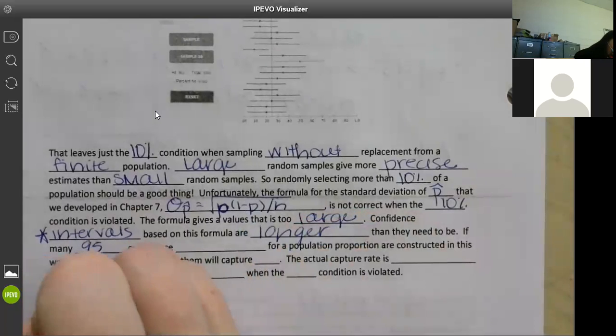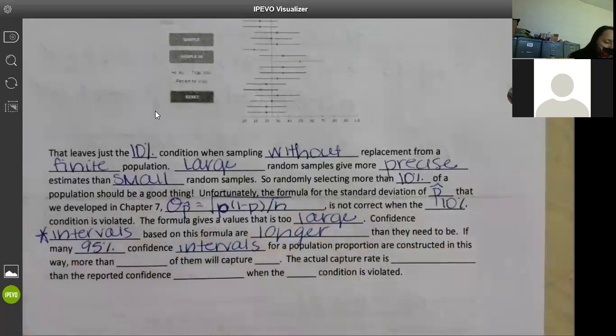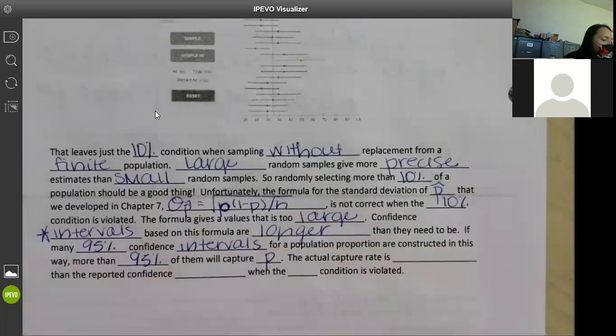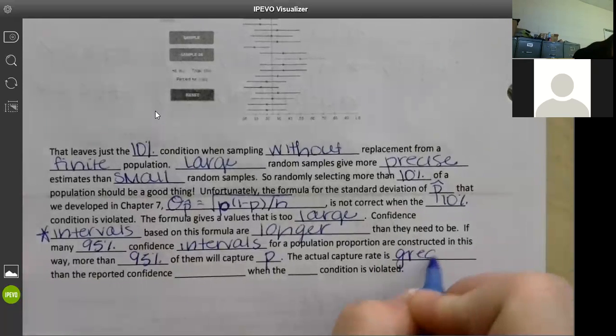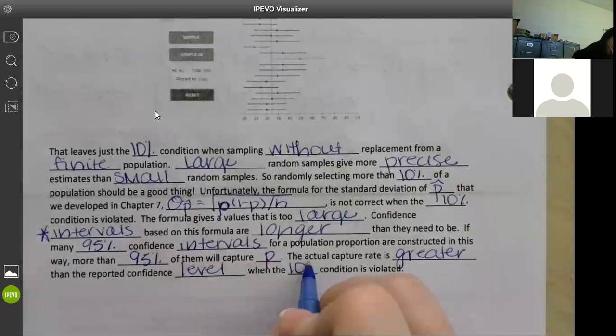If many 95% confidence intervals for a population proportion are constructed in this way, more than 95% of them will capture P. Okay, so if large counts is violated, less will be captured than the actual 95%. If 10% is violated, more will be captured than the 95%. So the actual capture rate is greater than the reported confidence level when the 10% condition is violated. So remember that.